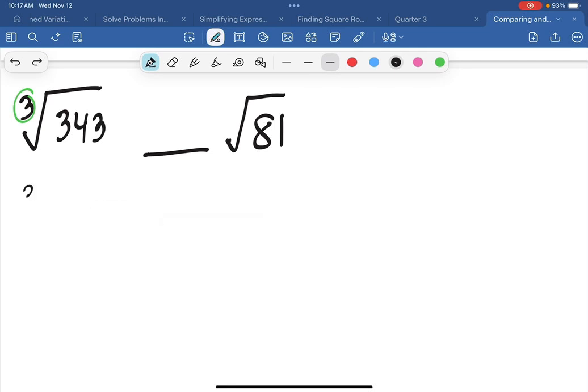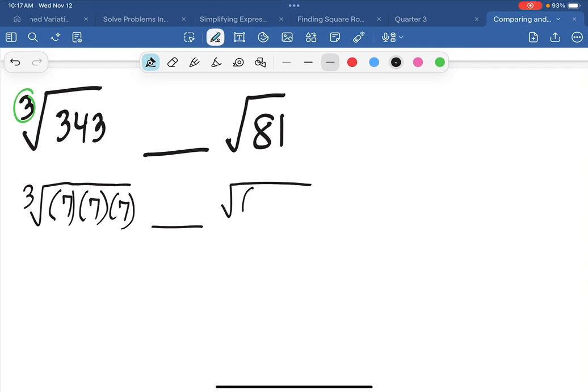So we have the cube root of 343. We could use 7 for this one: 7 times 7 times 7. And the square root of 81 is 9 times 9.